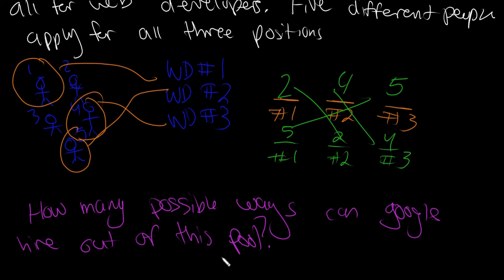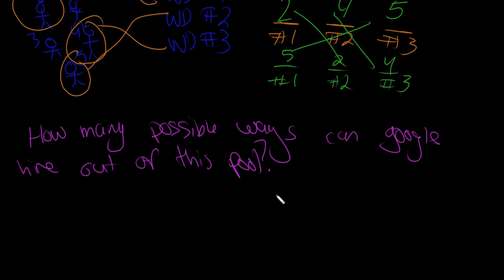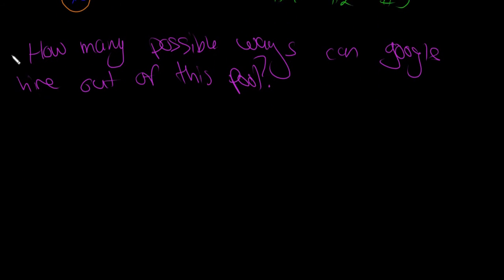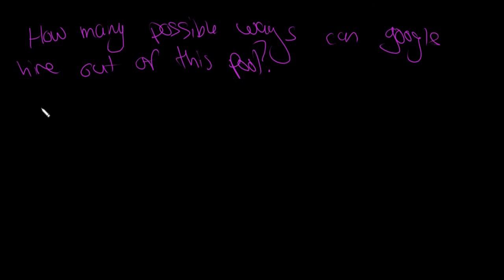We're going to get into that. This is the problem that we're going to try to solve before the end of the video. First, I need to talk about factorial. Hopefully that example shows you why counting can be more tricky than just going 1, 2, 3, 4, 5. Because you don't even know when to stop. So let's just talk about factorial and we'll get back into this problem.